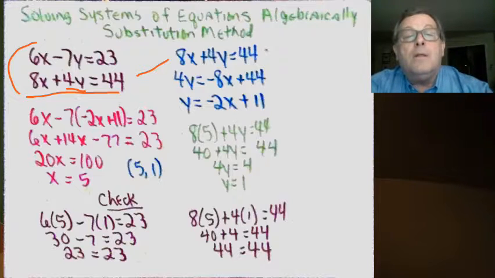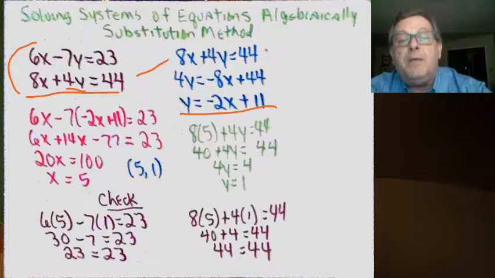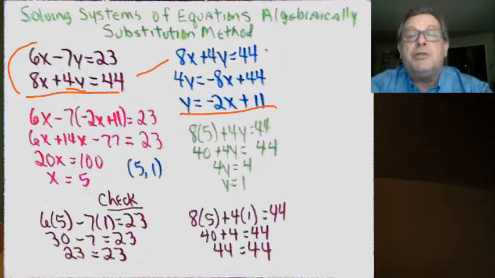So I've got 4y equals minus 8x plus 44. I'm going to divide everything by 4, which is going to leave me with y equals minus 2x plus 11. So I hope you understand why I chose this equation first, and why, after choosing this equation, I decided to isolate the y rather than the x.